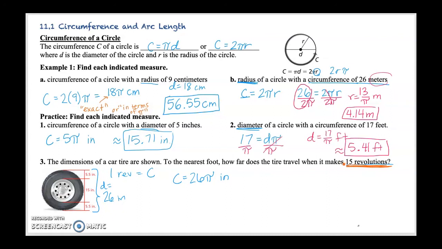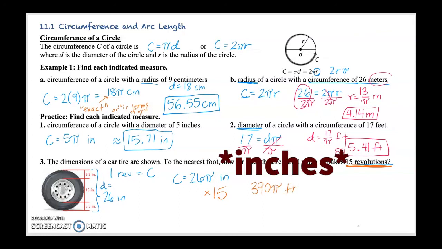We want to know how far it travels in 15 revolutions. Again, I would save your rounding until your very last step. So I take the circumference, that's 1 revolution, and I multiply that by 15 to see how far it would go in that many revolutions. My exact answer for that is 390 pi feet. It doesn't want the exact answer though. It tells us to the nearest foot.